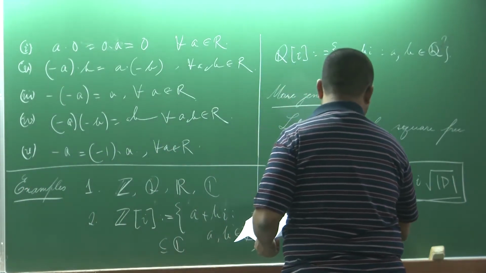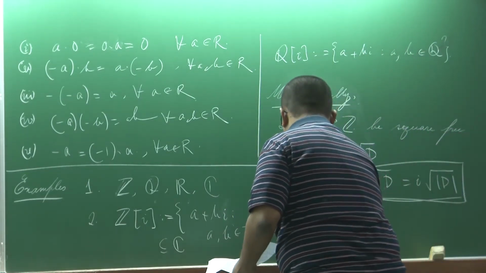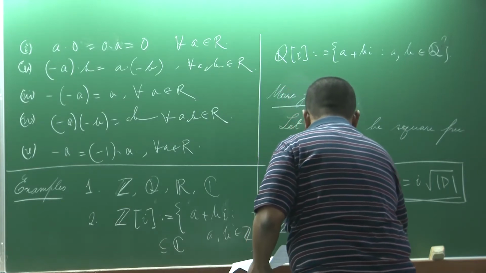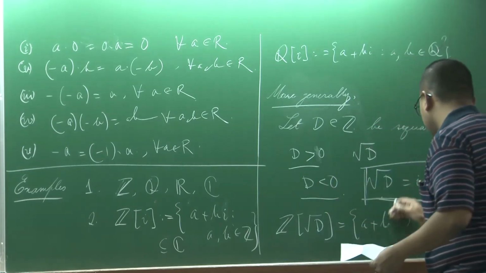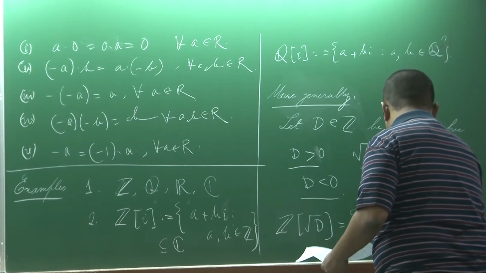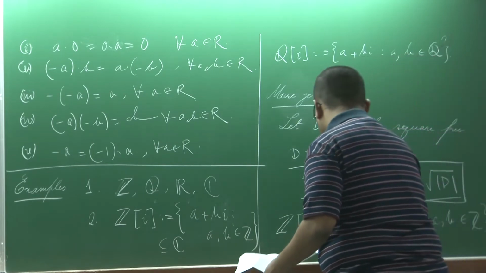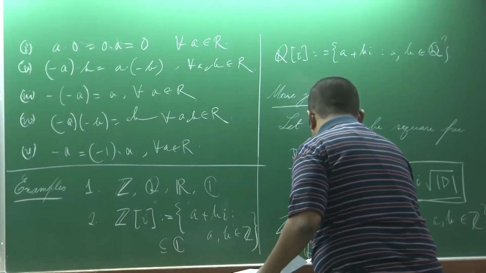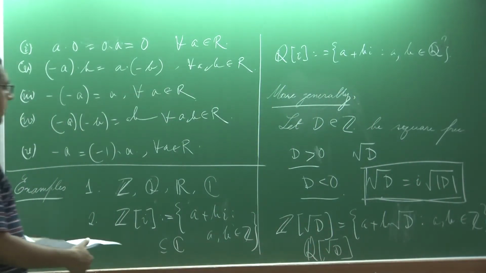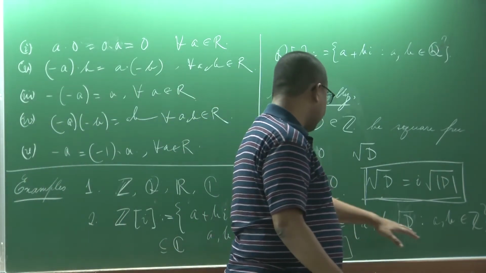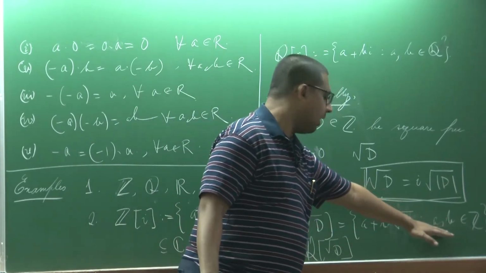If D is negative, that is how we will interpret it, and we would like to consider these two collections: a + b root D, where a, b are in Z, and similarly Q[root D], where a and b are rationals. It is easy to see that for any such D, this forms a ring with respect to the usual addition and multiplication.